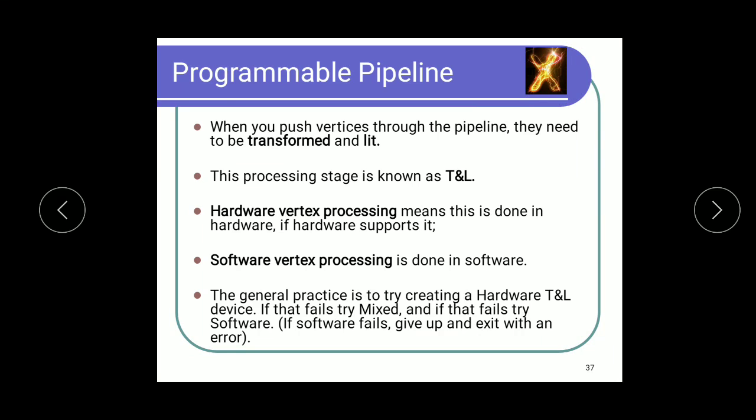The general practice is to try creating a hardware T and L device. If that fails, try mixed, and if that fails, try software. If software fails, give up and exit with an error. So if such things do not work properly, it gives you an error.